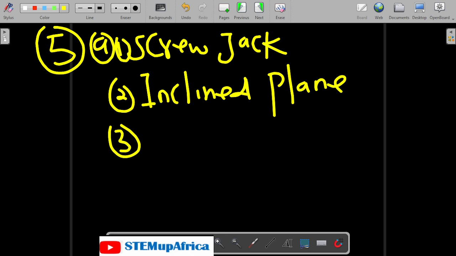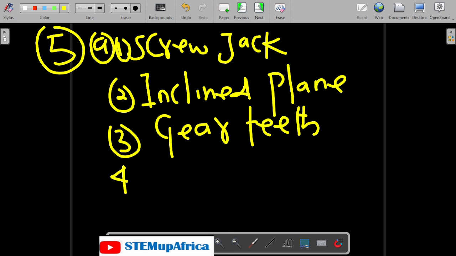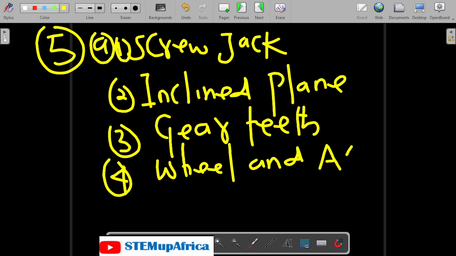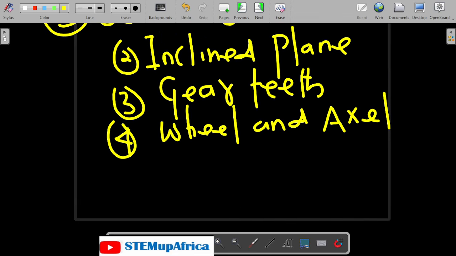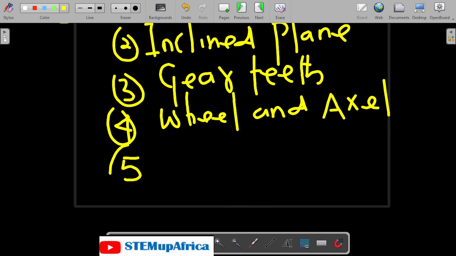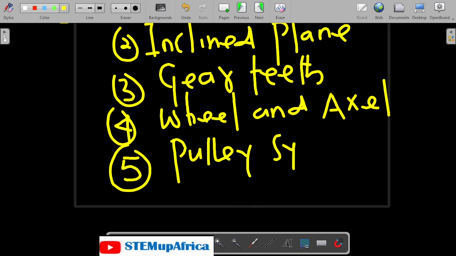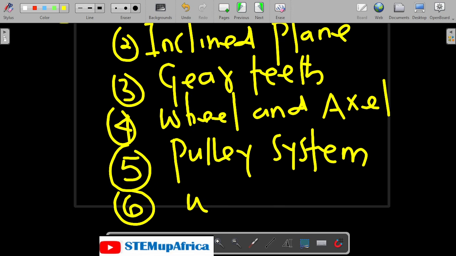Number 3, you have the jet. You can take any two to get it. Number 4, we have the wheel and axle. Then number 5, we have the pulley system. Number 6, we have the wedge.